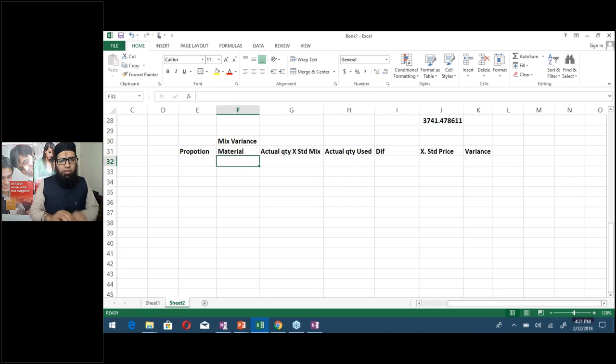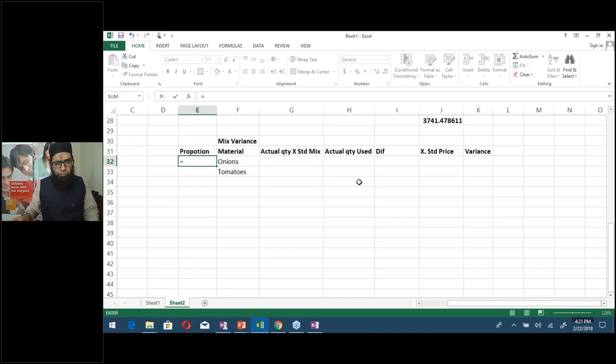Now first of all, let's write the two different kinds of material, which were onions and tomatoes. And also let's see the proportion. So we require 5 kgs of onion out of the total of 10 kg. So the proportion will be 0.5.